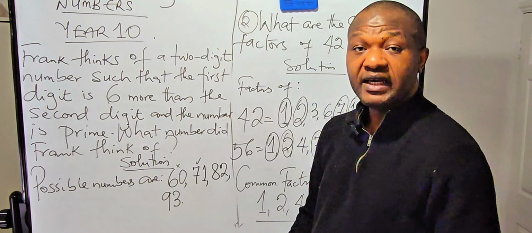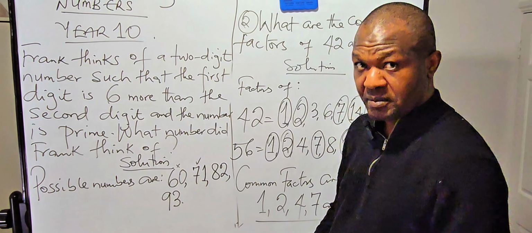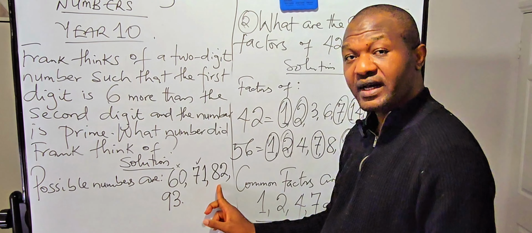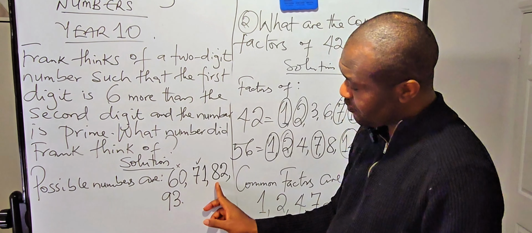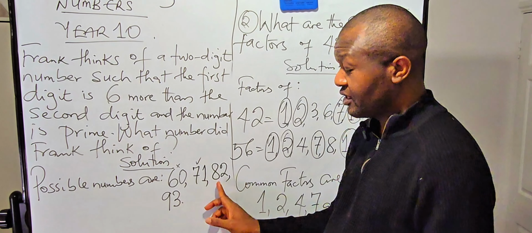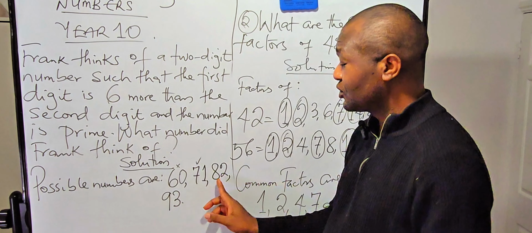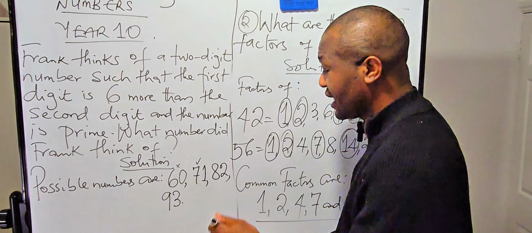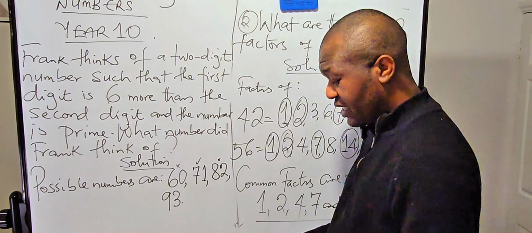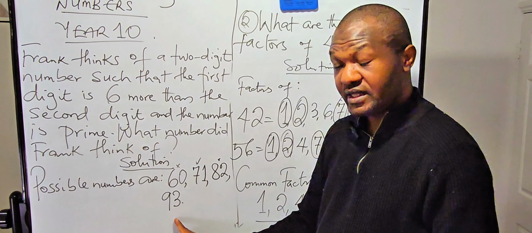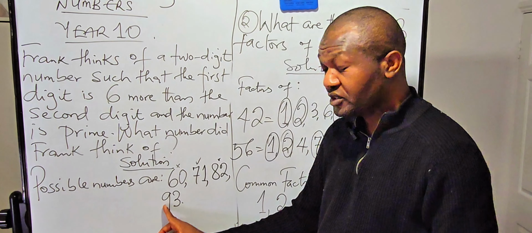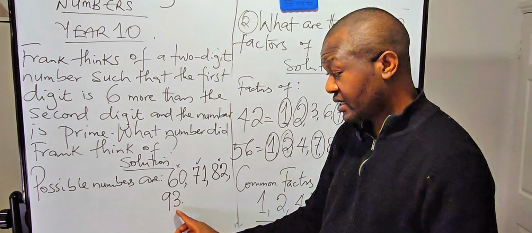Here, 82 and 1 can divide it, but 2 can go into this. I think 41 can go into this. A lot of other numbers can go in. So this is out of the question. Then you try 93. 93 and 1 can divide it, but 3 can go into 93, and some other numbers as well.